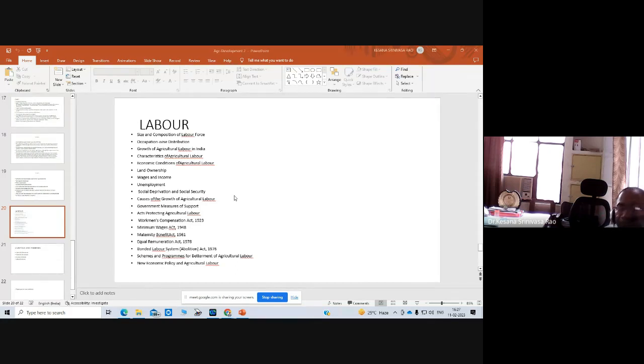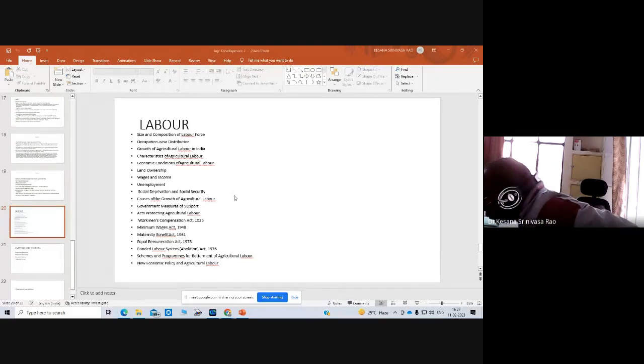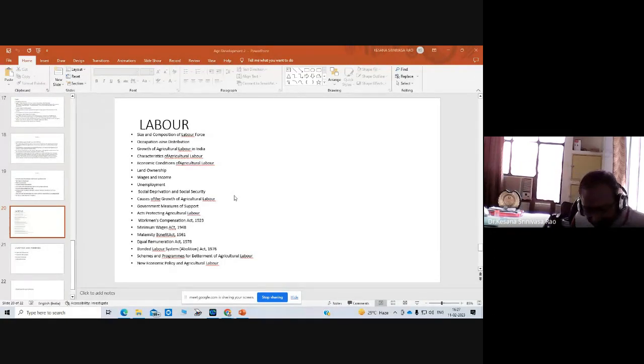In different trends, especially for the agriculture labor, the government is in a position to support. Apart from that, the marginal and small farmers are also getting some type of benefits from the government.